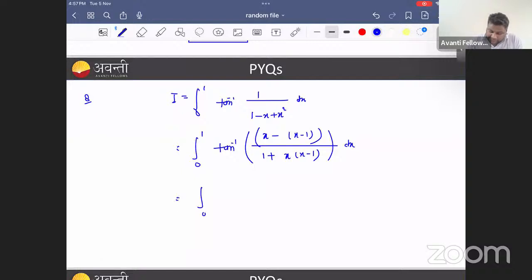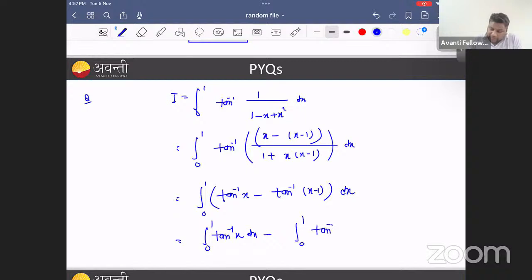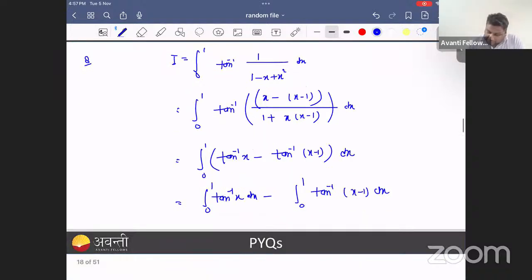So it is integration 0 to 1 tan inverse x minus tan inverse of x minus 1 dx. So it is 0 to 1, keep tan inverse x separate, minus 0 to 1 tan inverse of x minus 1 dx. Got it? Now in this particular part, we will go with this part only.